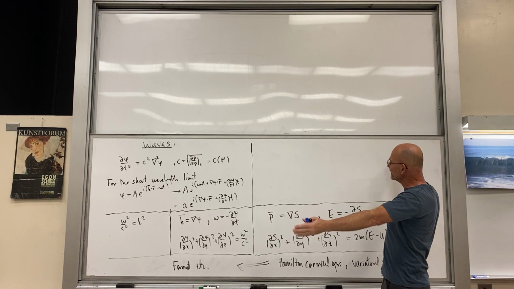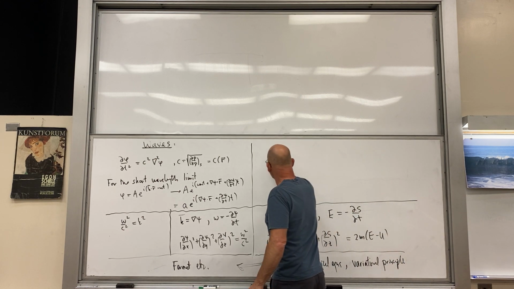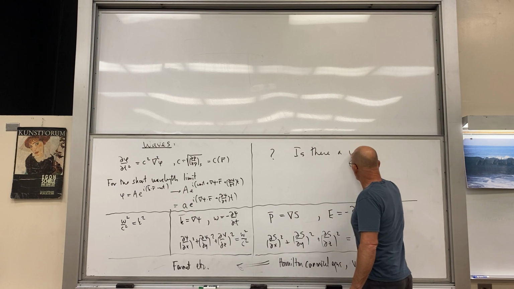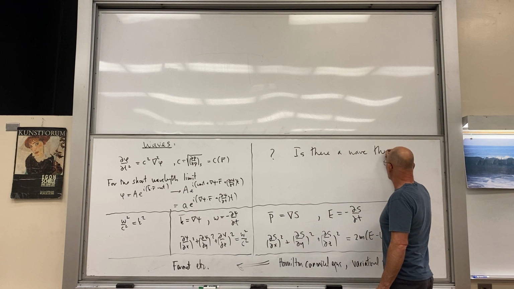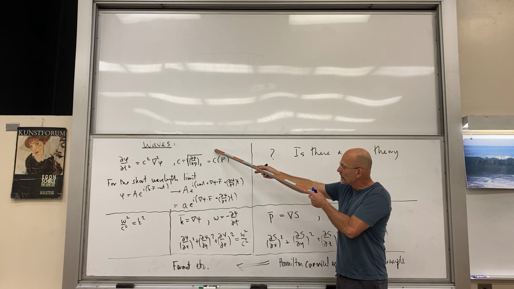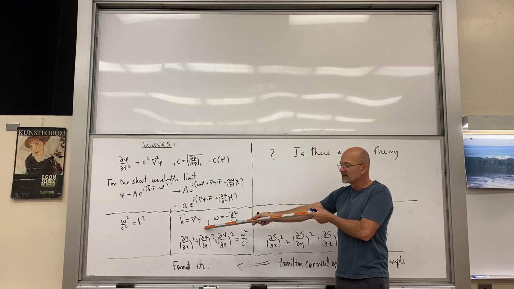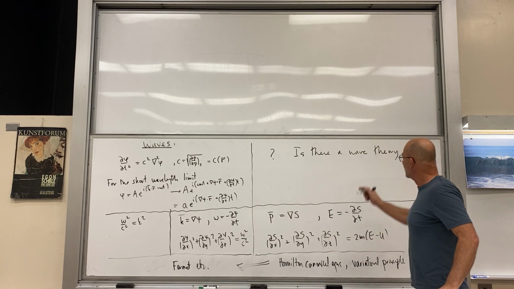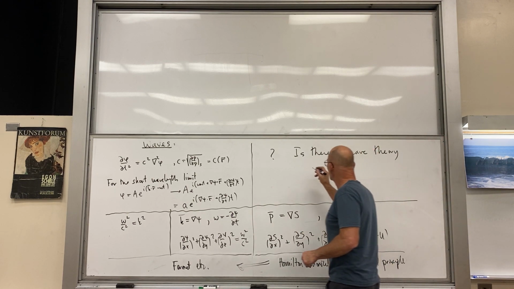That's why I left this here as a blank question mark. Is there a wave theory? Strictly speaking, this is not a wave theory. The limit of the short wavelengths took us into geometrical optics or geometrical acoustics.